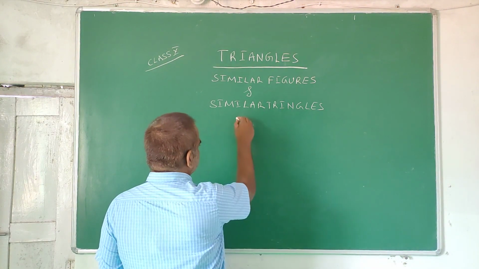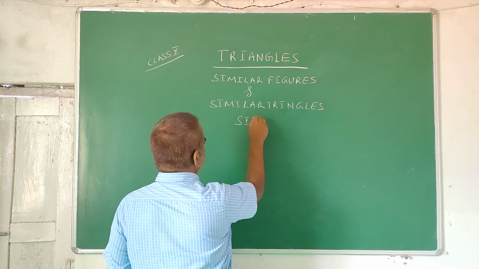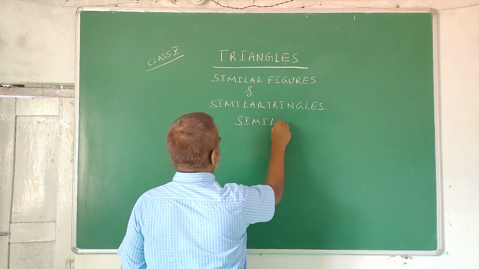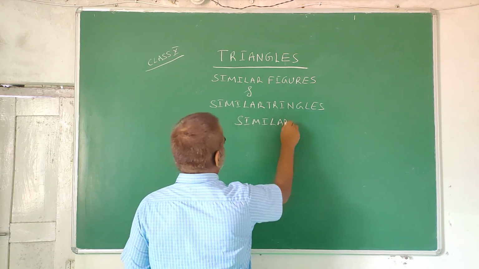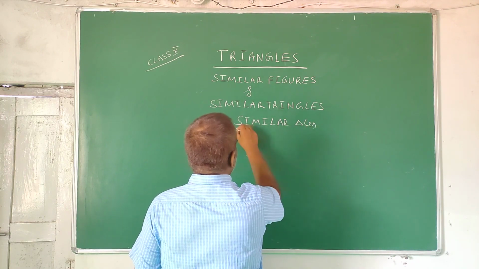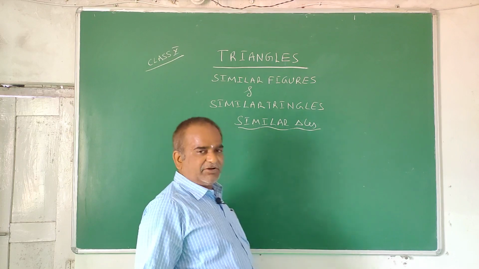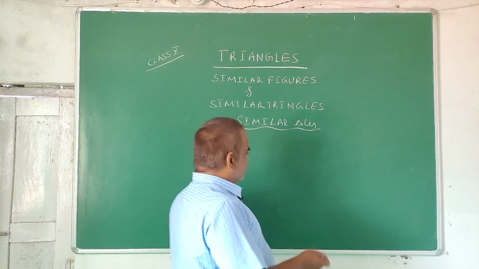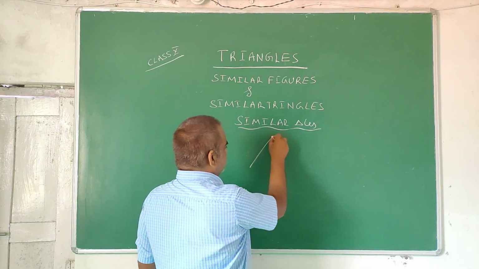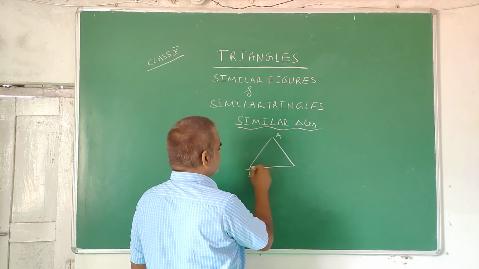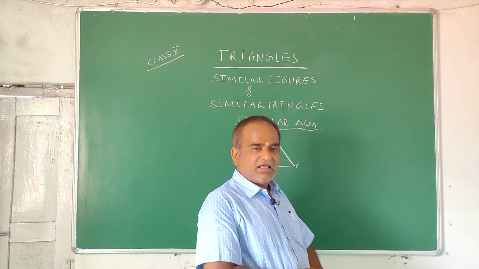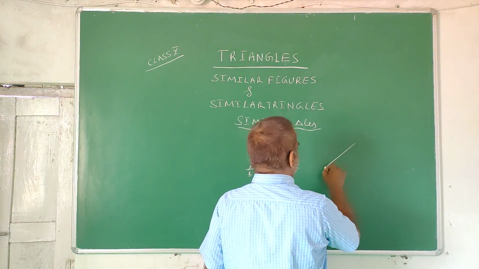See here, similarity of triangles. So, two triangles are said to be similar. See, triangle ABC and another triangle PQR.